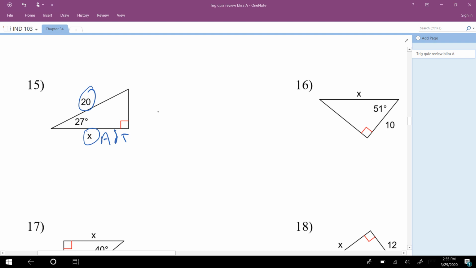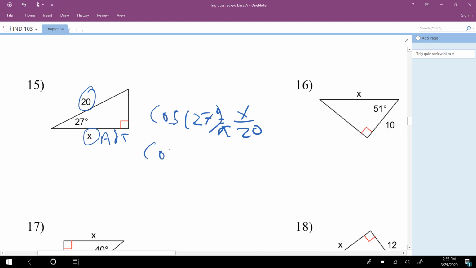We have cosine, because adjacent and hypotenuse, of 27 degrees equals x over 20. Look familiar? Kick it up there. Great.